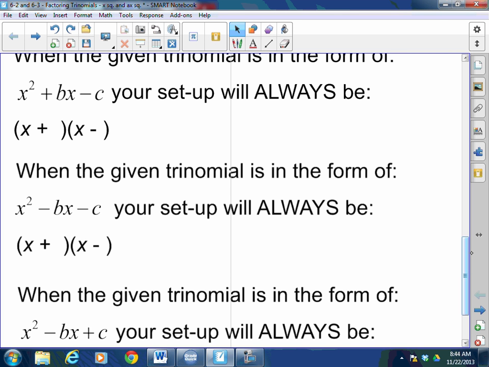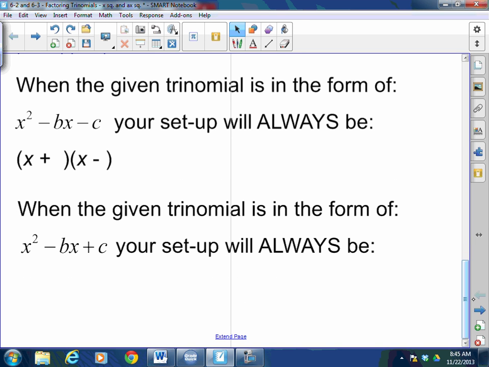So if the c is negative or the b and the c are negative, you have an x plus and an x minus. And when the b is negative alone, when you have an x squared minus bx plus c, you're going to have an x minus, x minus. So it's x plus, x plus when everything's positive. When the c is negative, it's x plus, x minus. When the b and c are negative, x plus, x minus. And when only the b is negative, that's an x minus, x minus.